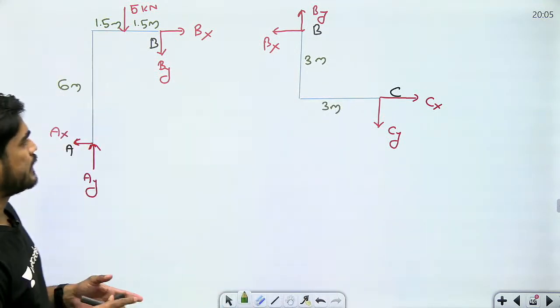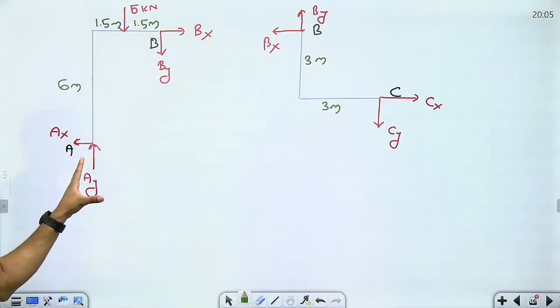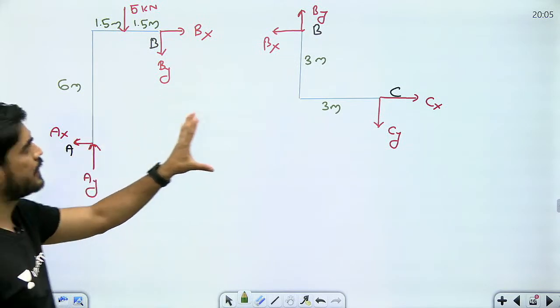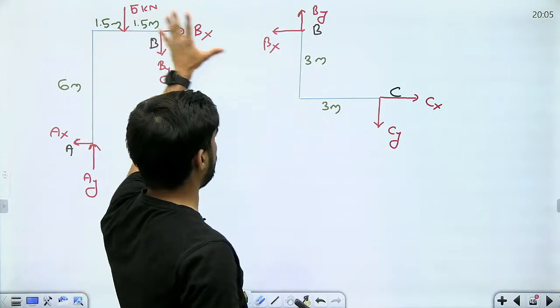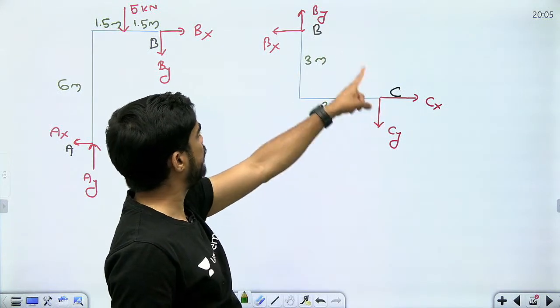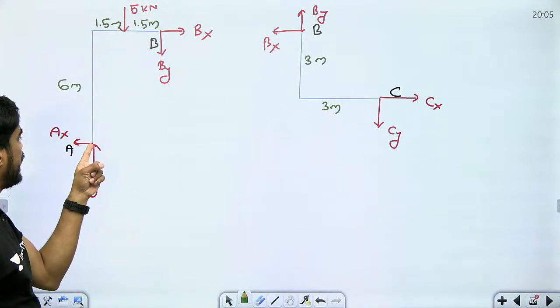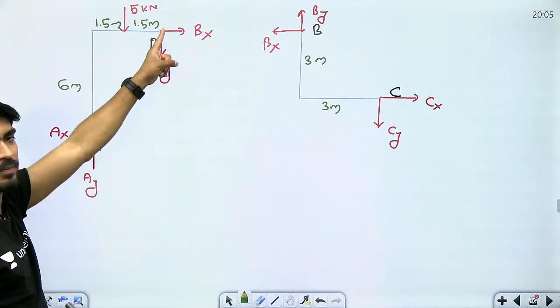Understand, here on this diagram I have too many forces. Here I have only 4 forces. Here 5 forces, here 4 forces. Now here if I take moment at C, I will get one relation between Bx, By. And here if I take moment at A, I will get one relation between Bx, By.